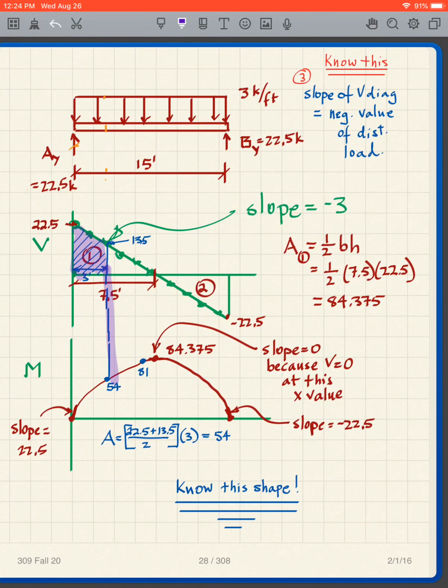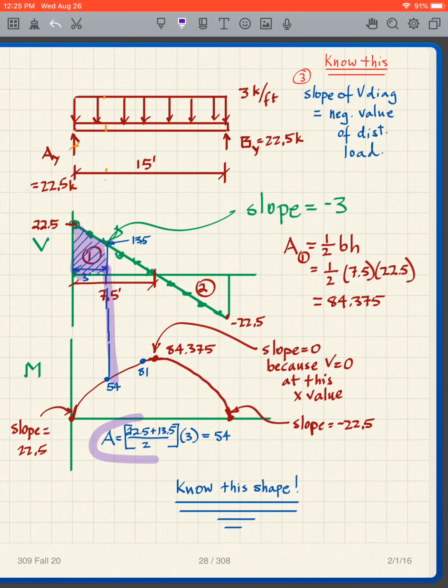Well, I need to get that value there. I go down 9. Why do I go down 9? Because I go over 3 feet, and I've got 3 kips for each foot, so I go down 9 for 3 feet. That takes me to 13.5.